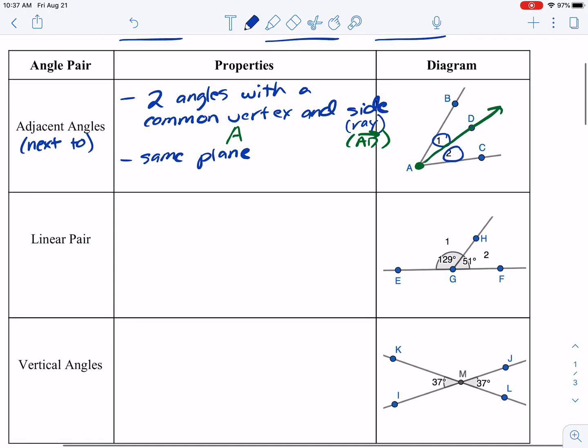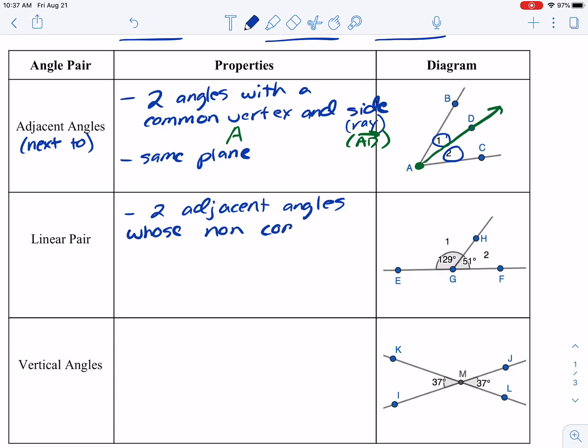Moving on to a linear pair. A linear pair is an example of adjacent angles, so it's two adjacent angles, meaning next to, sharing a side, whose non-common sides form a straight line.